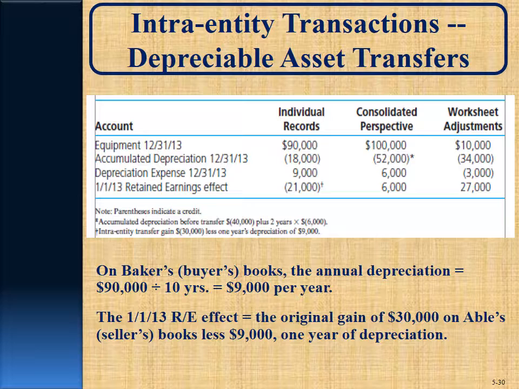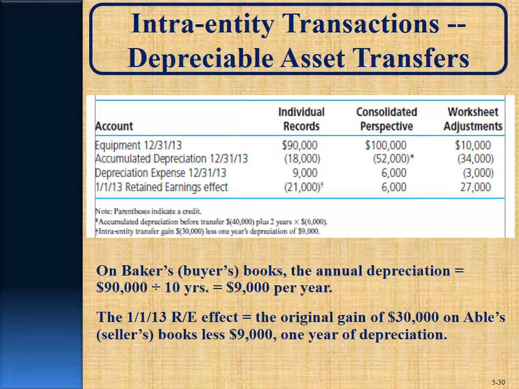And then your offset will be the balance of retained earnings. Retained earnings: the original gain was $30,000 on Able's books, less the $9,000 plus the $6,000. So that $21,000 represents, I'm sorry, the individual records in the beginning balance. Not the subsidiary, this is Able's books. I apologize, I'm getting myself all jazzed up here.